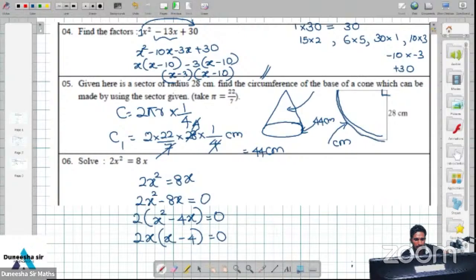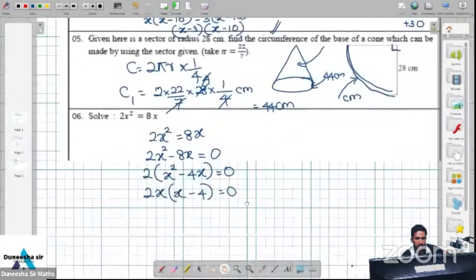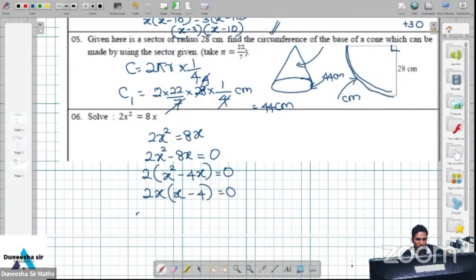Then 2x equals 0 and x minus 4 equals 0. So x is 0, x equals 4. Okay, did you get it?